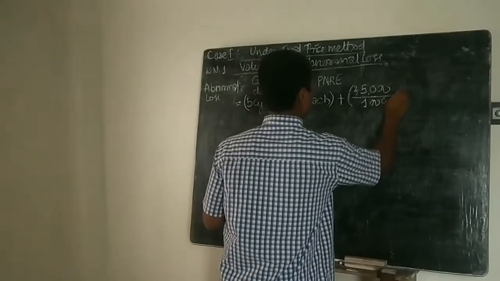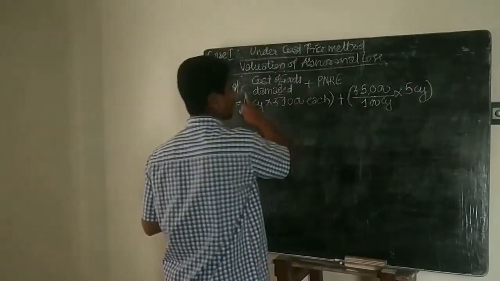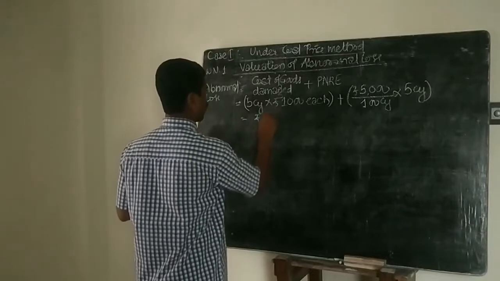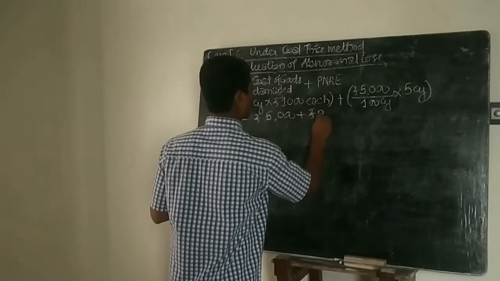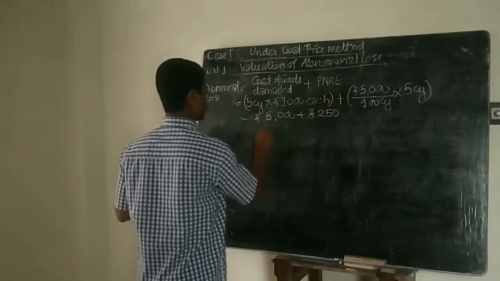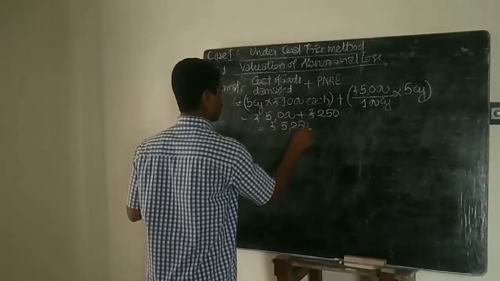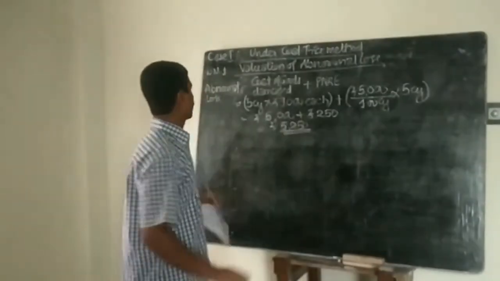So 5000 divided by 100 cycles into 5 cycles. Why should we take 5? Because only 5 are damaged here. So it is 5,000 rupees plus rupees 250. The total comes to 5,250 rupees, which is the value of abnormal loss.